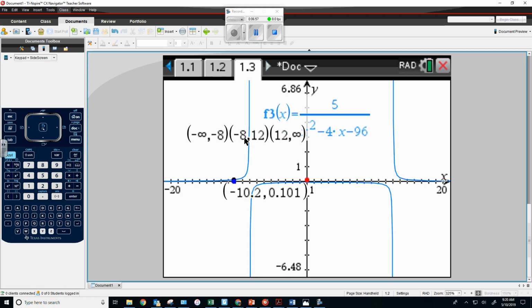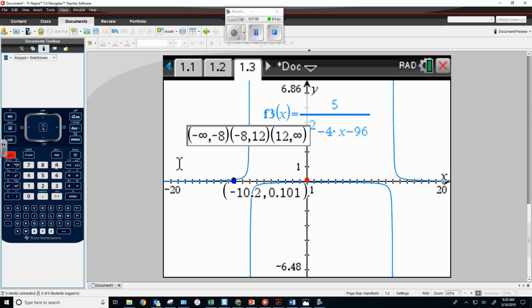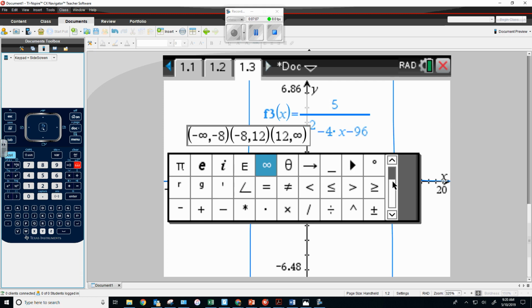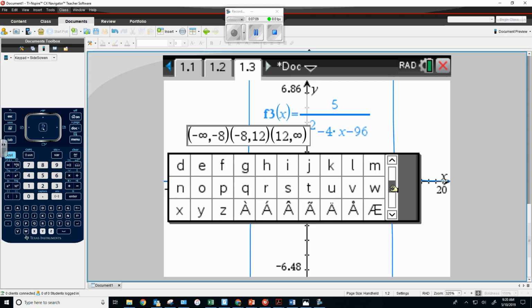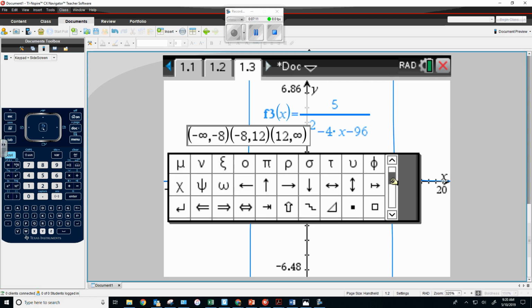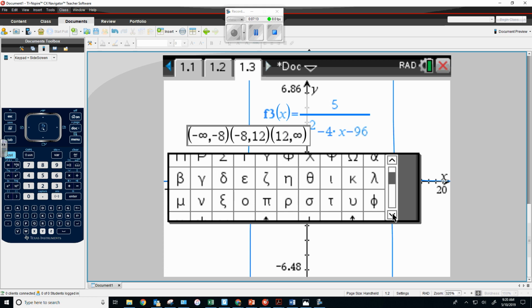All right, and let's not forget that we need the union of all of these, so this is all together. Let's go ahead and find that union symbol. Around here somewhere, I'll find it.